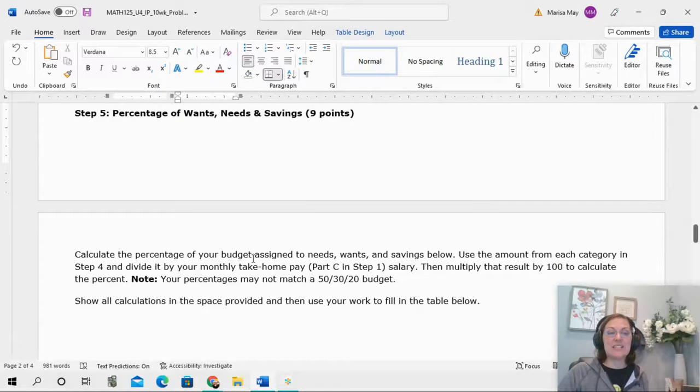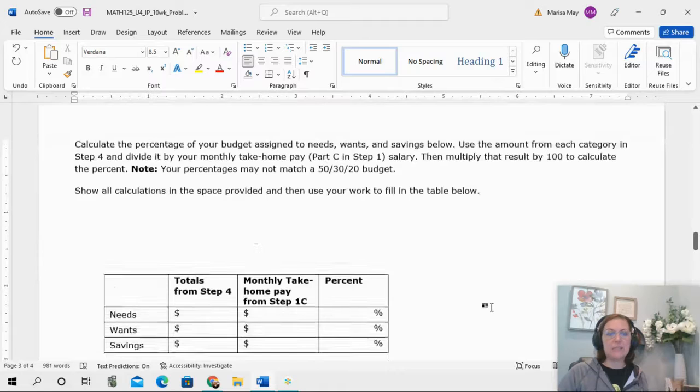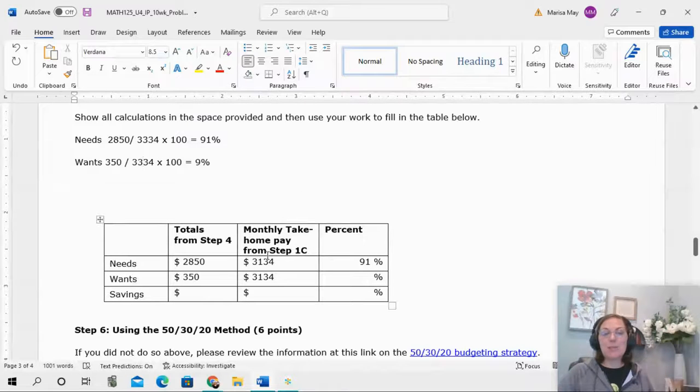All right, let's look at step 5 then. We want to calculate the percentages. All right. So we're going to take our needs. So my needs and wants are 2,850 and wants are $350. Now, our take home pay is 3,334.